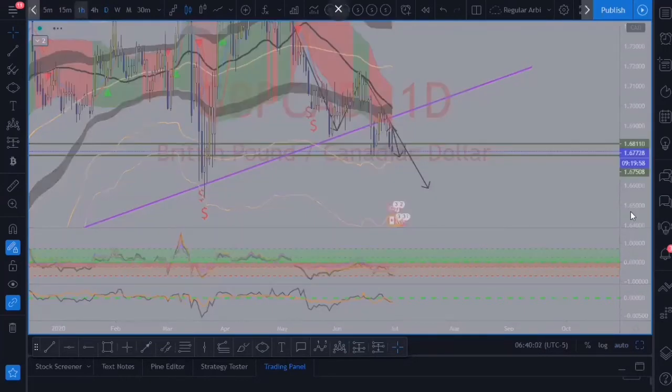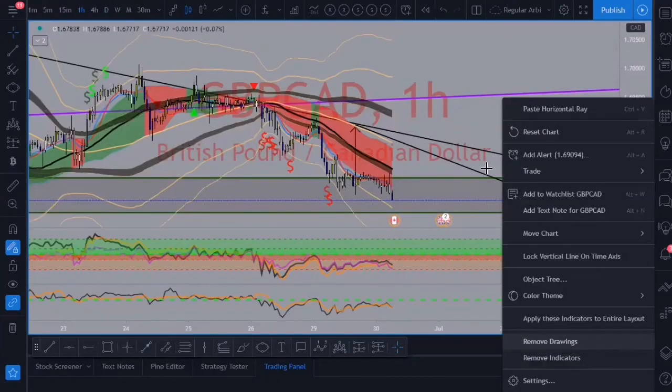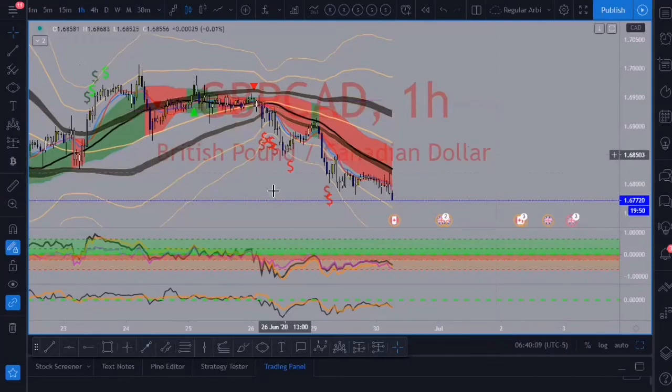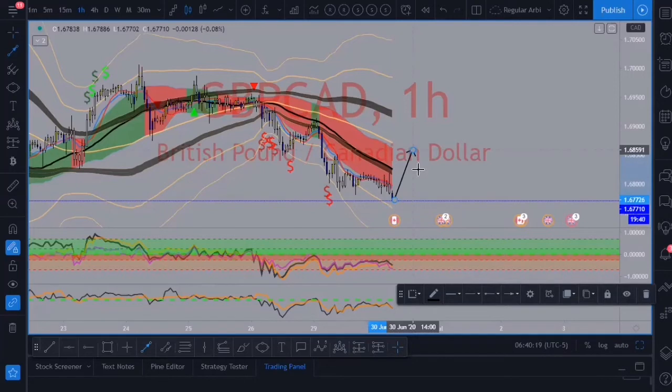We're not here to look at an overall way of just looking at potential setups or remove drawings. So yeah, it looks like all the GP pairs are basically doing the exact same thing, which I'm not feeling. But what I would want to see happen on GCAD if we're looking for the buy is for price to break through the RSI line, retest, go bullish.